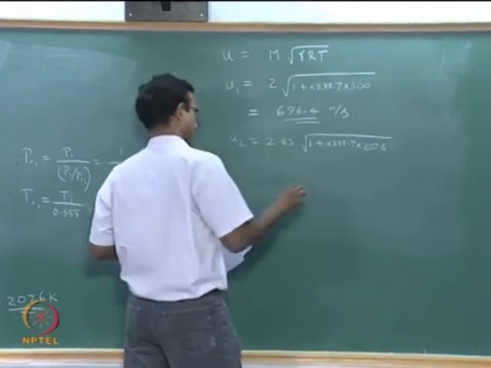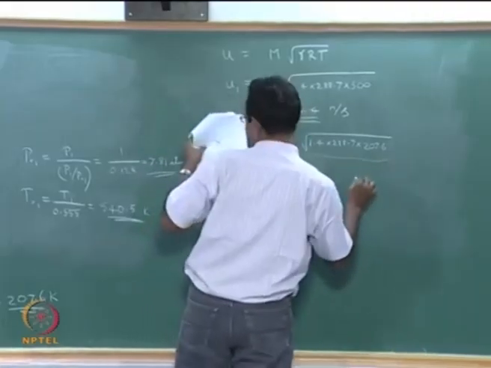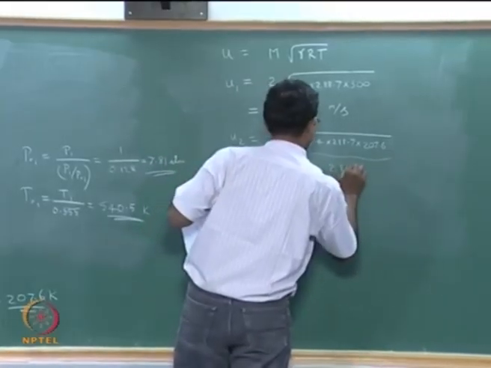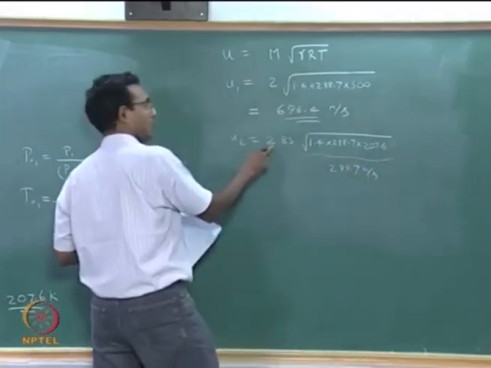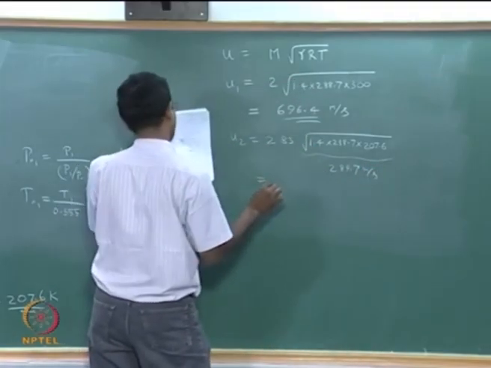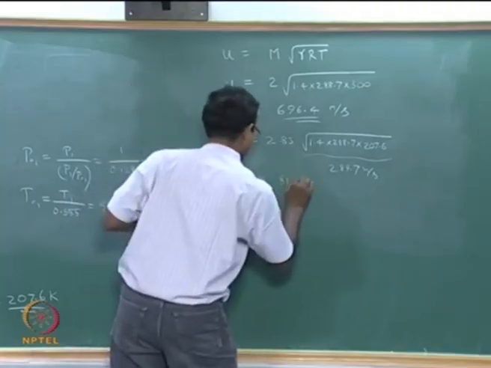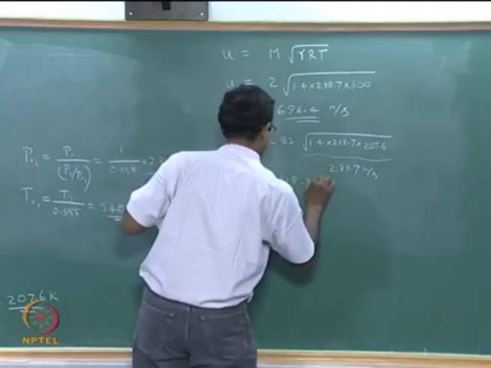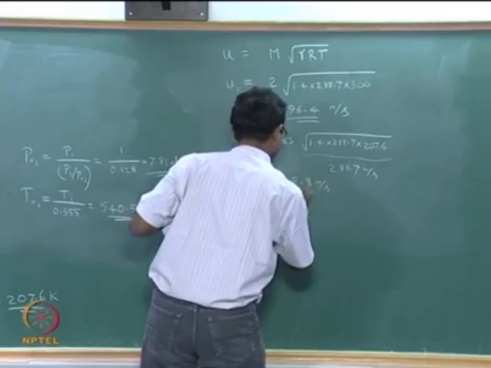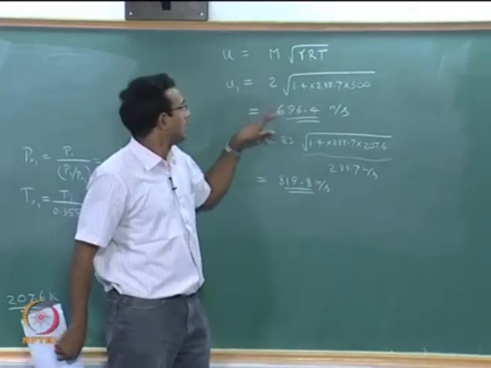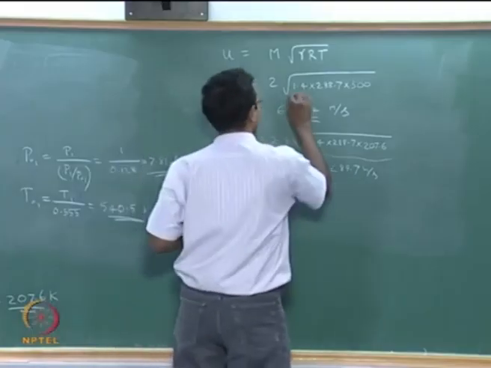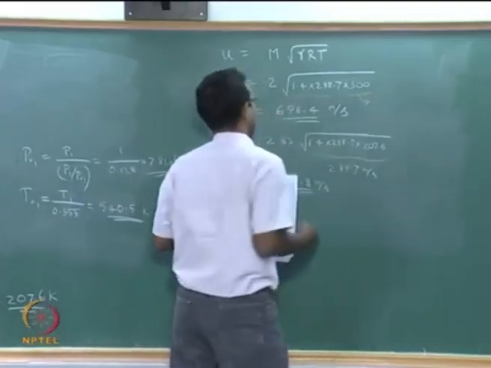So if I find this number, it is 289.7 meter per second. This multiplied by 2.83 is my final answer, which is 819.8 meter per second. If I just see the speed of sound here, what will be the speed of sound?